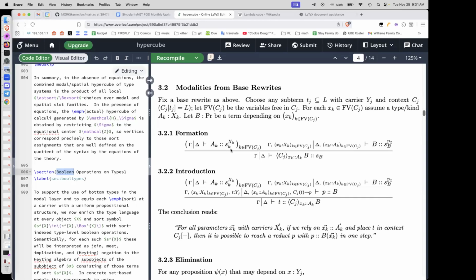And so later in the paper, it talks about finding the equational center of the operational semantics so that you limit the dimension and figure out which sorts imply other sorts so that you have the right number of choices here that give you the size of your hypercube.